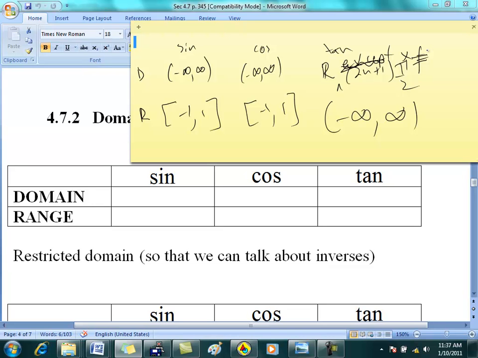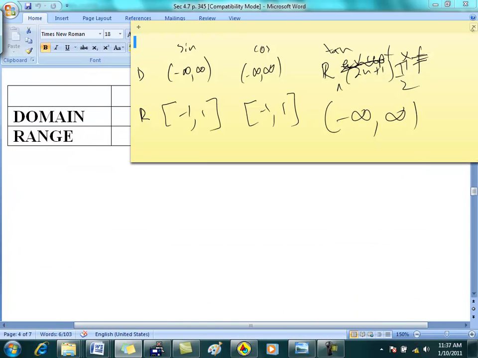What should a function be so that you can get its inverse? One to one. The function's got to be one to one.